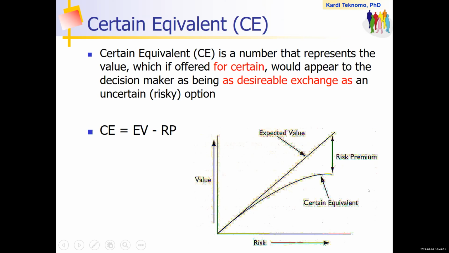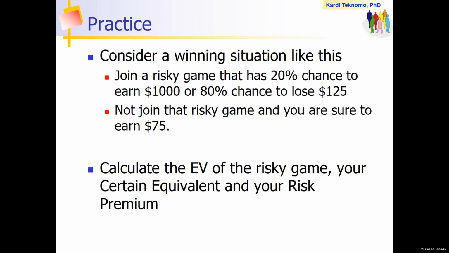Can you see the chart here? This chart is between the risk on the horizontal axis and the value, the money, on the vertical axis. Suppose the expected value is increasing based on the risk. Now, certain equivalent is equal to the EV, the expected value, minus the risk premium.